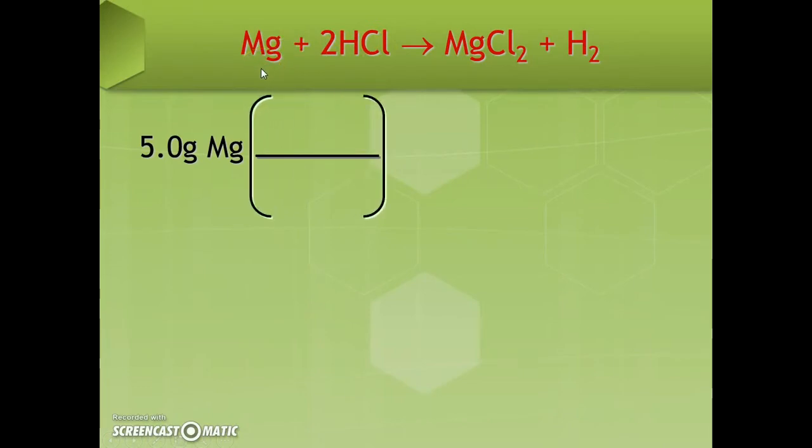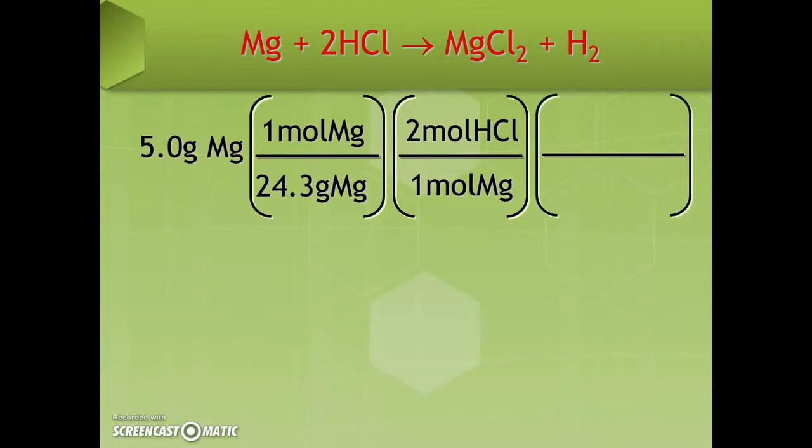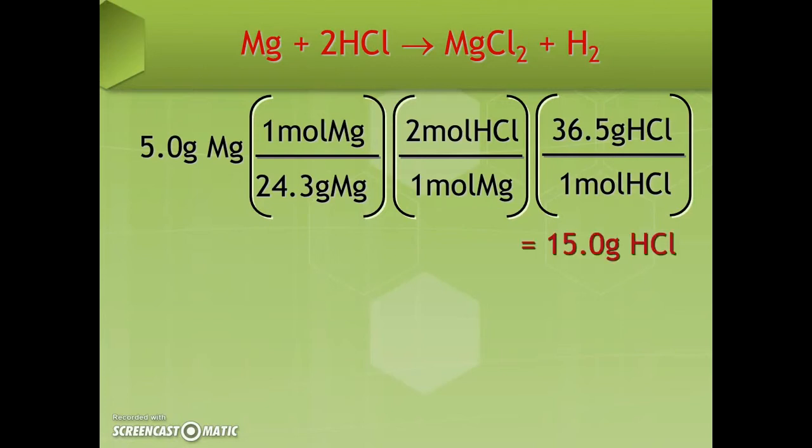And now we can apply our standard slingshot calculation, finding the number of moles of magnesium by dividing by the molar mass of magnesium, applying our stoichiometry term, 2:1 hydrochloric acid to magnesium, and then moving back into the mass domain by multiplying by the molar mass of hydrochloric acid. And the answer we come up with is 15 grams of hydrochloric acid.